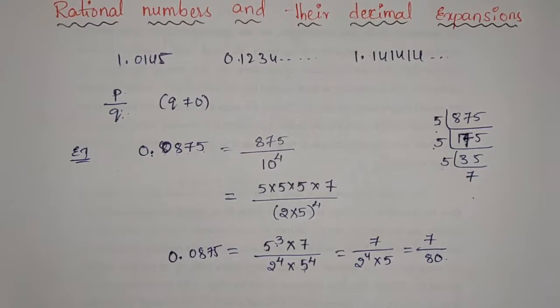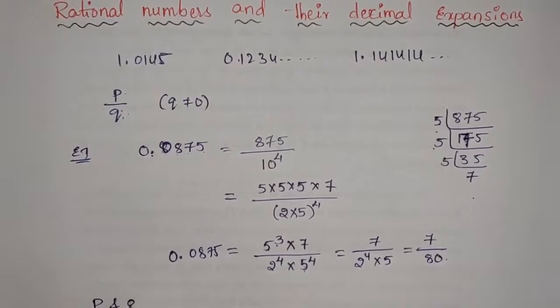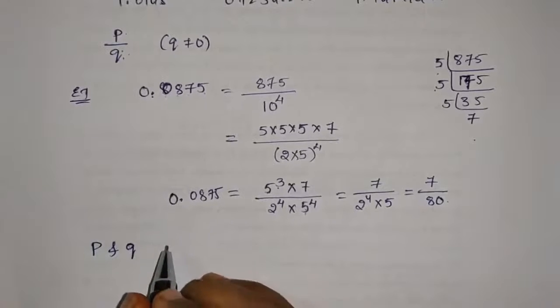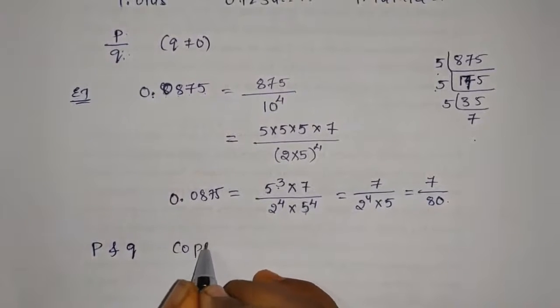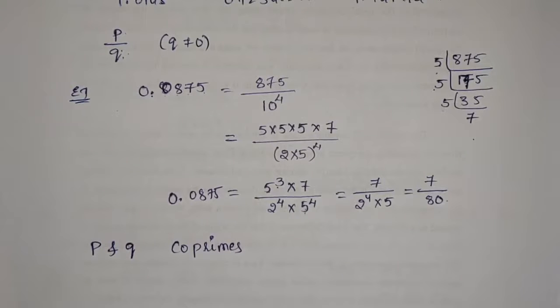Here we are converting this decimal form into the p by q form, where p and q should be co-primes. Not only for this decimal, but every terminating decimal can be written in the form of p by q, and you should remember that p and q should be co-primes. Any two numbers having only 1 as the common factor are known as co-prime numbers.